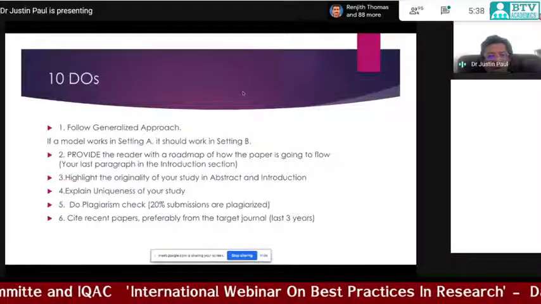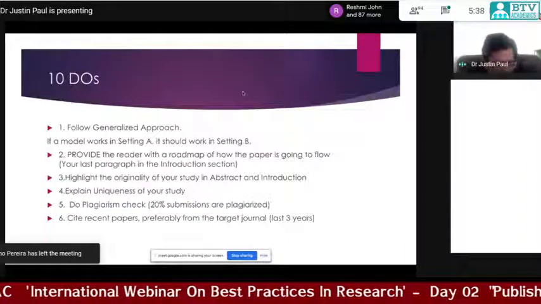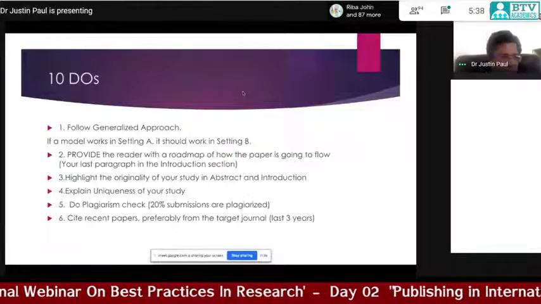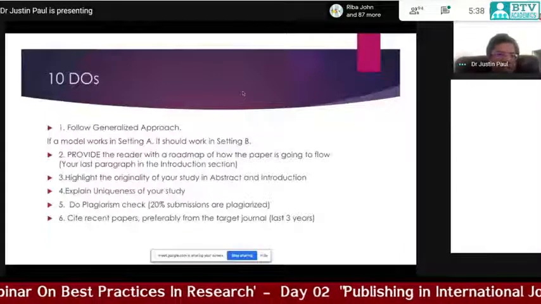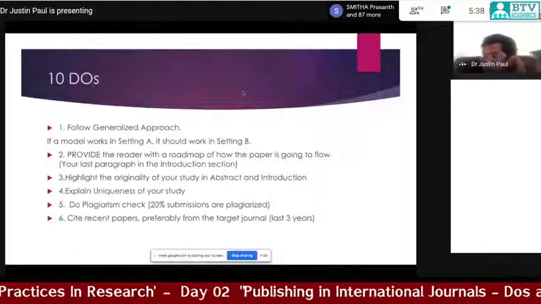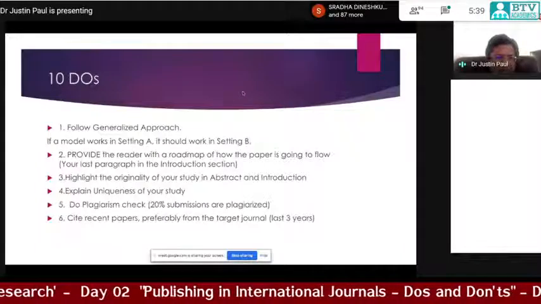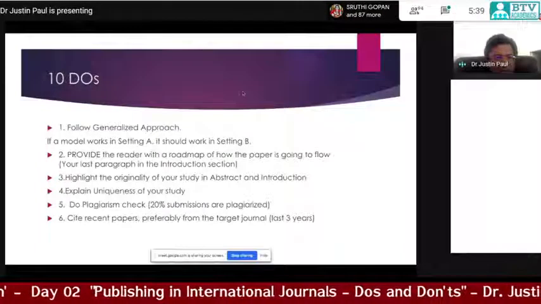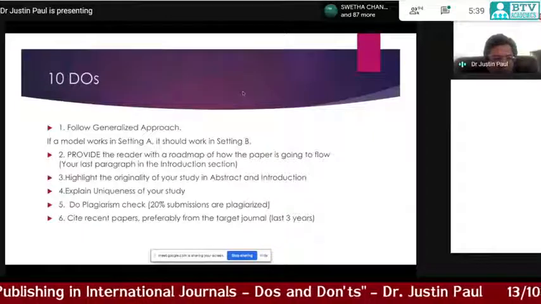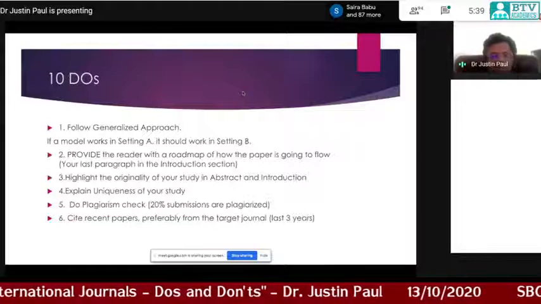Some specific do's. In order to publish my 100+ research papers, I faced more than 2,000 rejections in my life, especially when I was in my early 30s, compared to what I get these days. So I have learned a lot from rejection, and from reading comments from different editors and reviewers. I have succeeded in research, and finally, even though I got a lot of rejections, I managed to publish my papers.